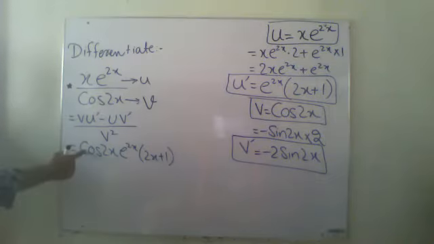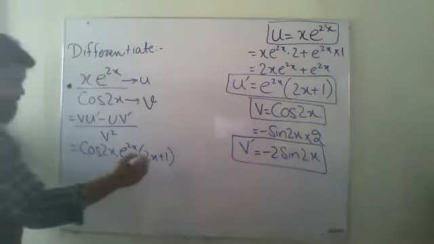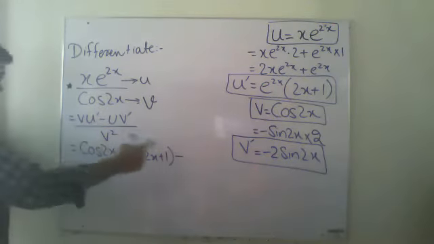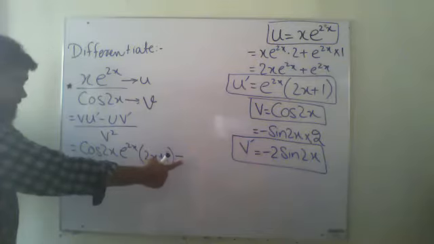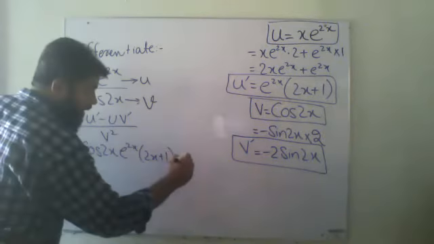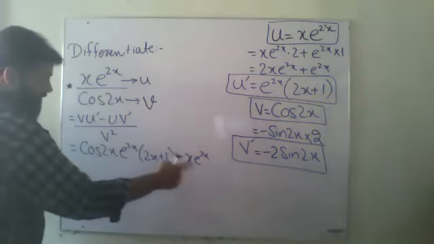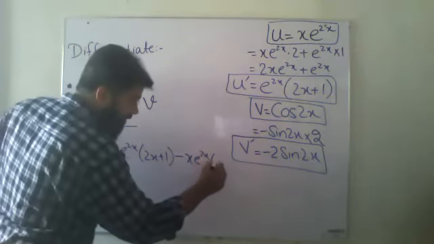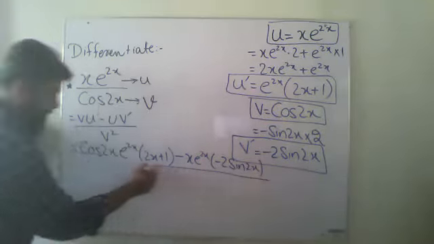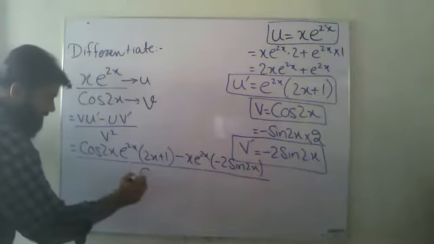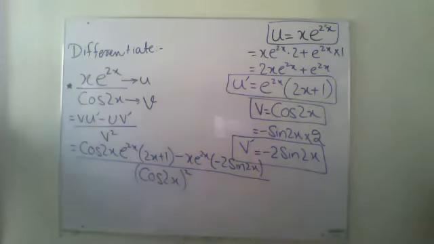I have written the value of v, I have written the value of u differential, minus, because of the formula, u, x e to the power 2x, u value is written, v differential means minus 2 sine 2x, over v square, meaning cos 2x whole square.